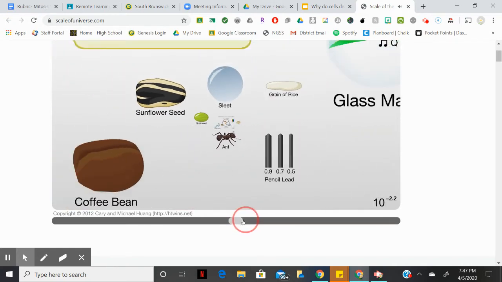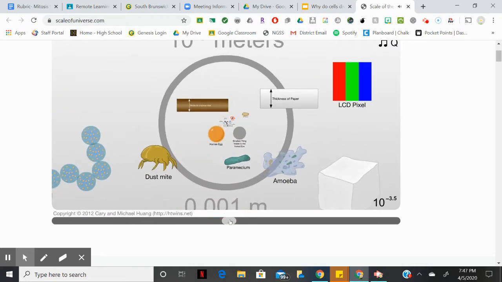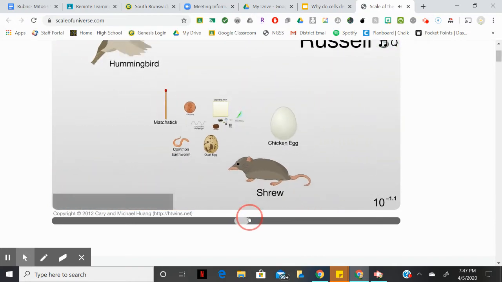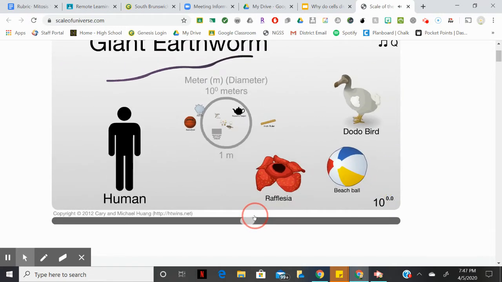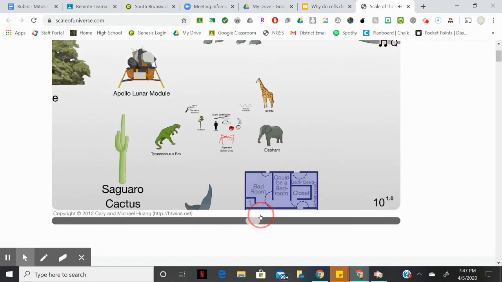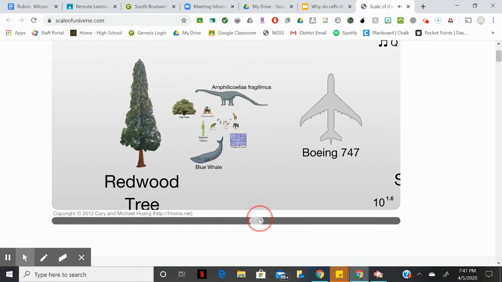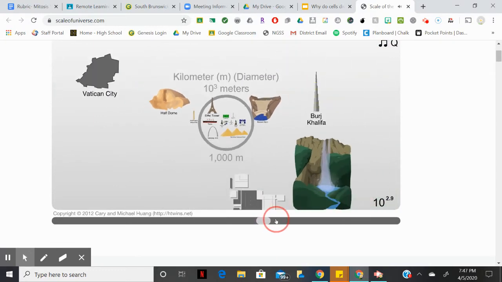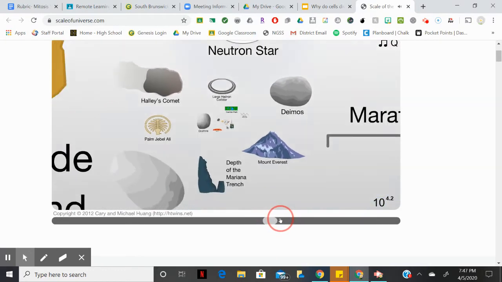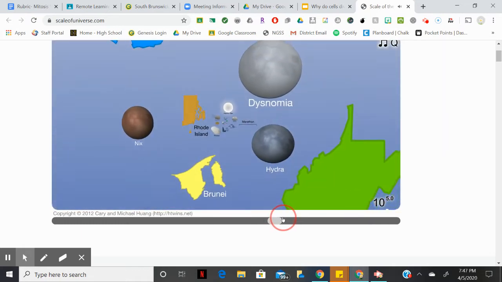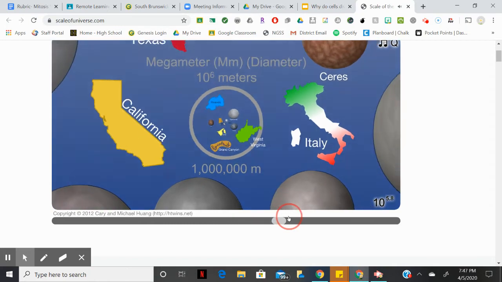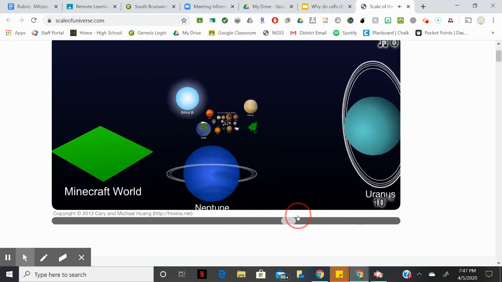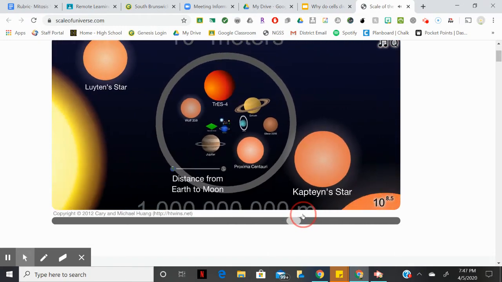So now I'm going to zoom out a little bit. So this is the largest cell, an amoeba, let's say that. Now I'm going to start zooming out a lot quicker, just to show you how small cells are. All right, you get the idea.